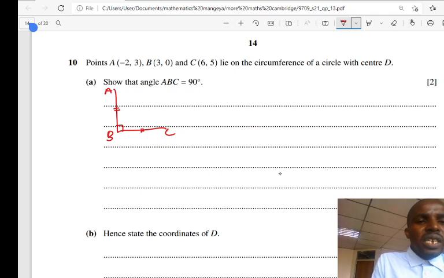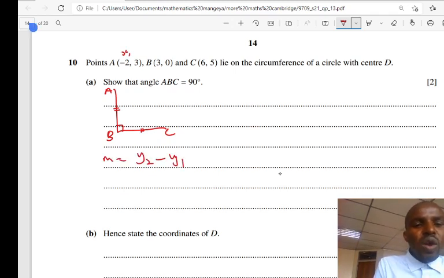Done. Right. So you say for AB, this one is x1, y1. Yes, just use that formula. Gradient, which is m, is equal to y2 minus y1 over x2 minus x1.